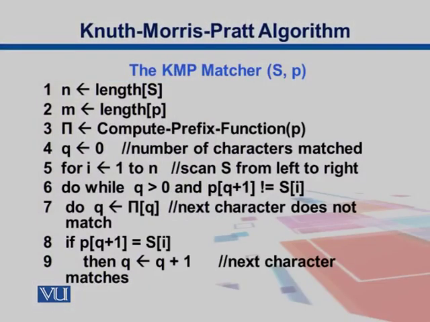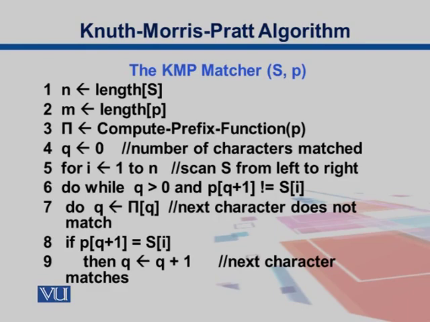In the case of the matcher, we have already computed this prefix function, and we start with n, which stores the length of s, that is the string. m stores the length of p, and we take a variable q that stores the number of characters matched. Then we incorporate a for loop from 1 through n, which scans through the string, the search space, from left to right.